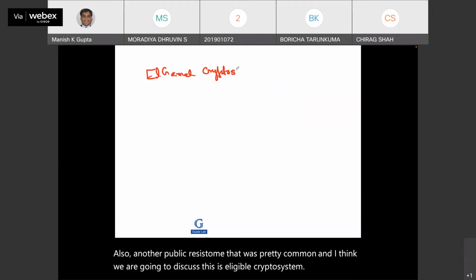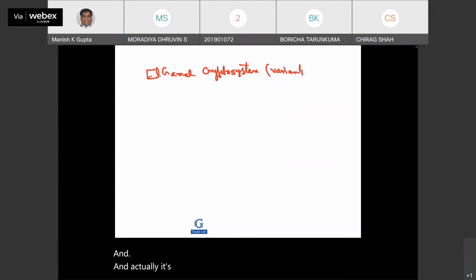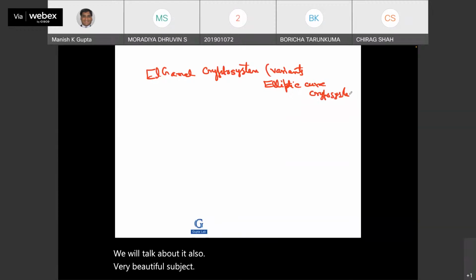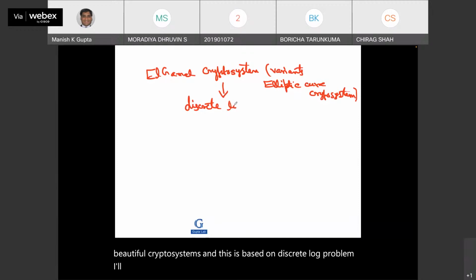Its variants are known as elliptic curve crypto systems. We will talk about them also. It is a very beautiful subject. You can see how ideas from pure mathematics can develop into beautiful crypto systems. This is based on the discrete log problem. I'll talk about it in detail. What is the discrete log problem?